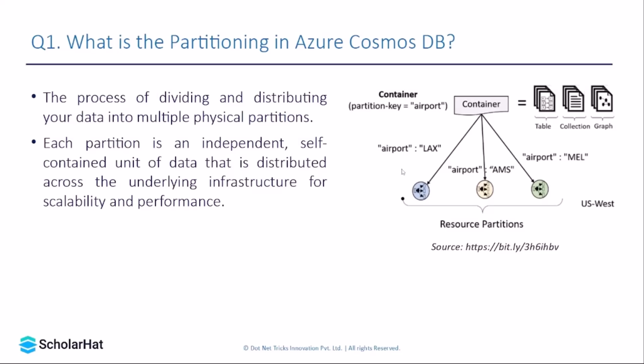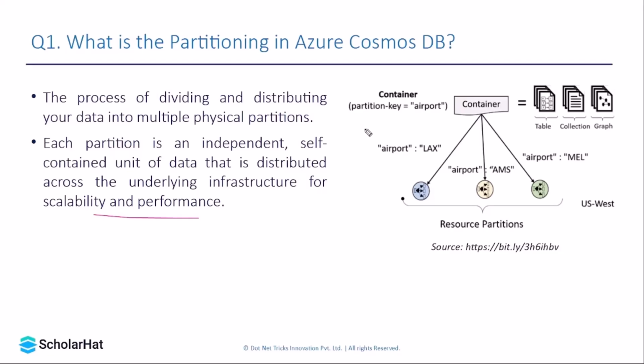By doing partitioning, we make data a self-contained unit that is distributed across the underlying infrastructure for scalability and performance. In simple terms, we do partitioning in Azure Cosmos DB so that our data can be distributed across multiple partitions, which helps in querying data easily.